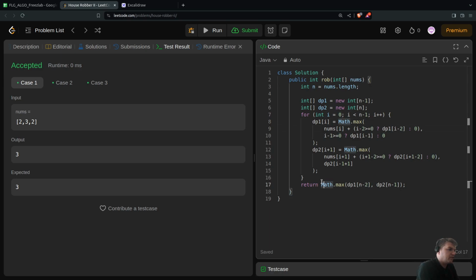Ah, okay, it falls here. n minus 2 greater or equal 0, then this, and otherwise 0. And then n minus 1 greater or equal 0, and then this one, otherwise 0.